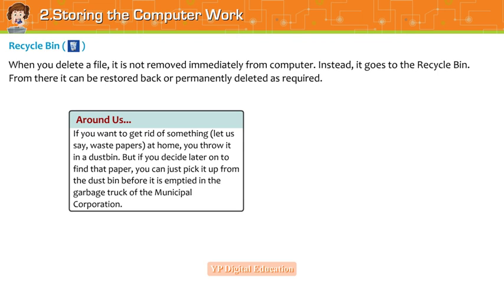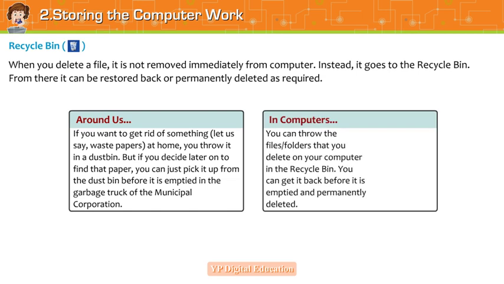But if you decide later on to find that paper, you can just pick it up from the dustbin before it is emptied in the garbage truck of the municipal corporation. In computers, you can throw the files and folders that you delete in the recycle bin. You can get it back before it is emptied and permanently deleted. Getting back the deleted file is called restoring the file.